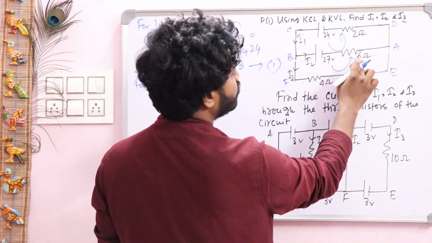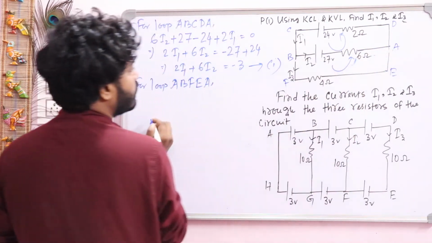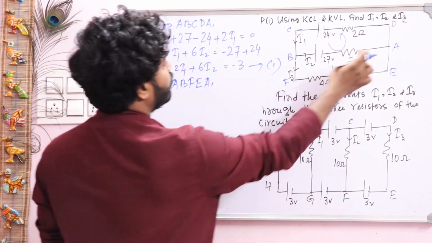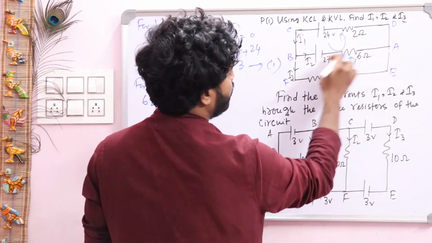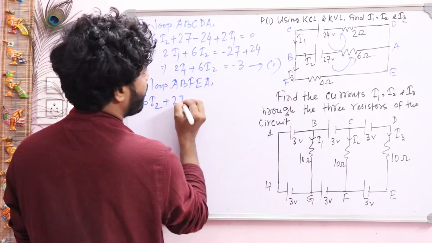So first of all 6 ohm, your direction A to B, current is directed B to A, that is opposite, so this one will be plus 6I2. Now this 27, that is negative to positive, so this one will be plus 27.